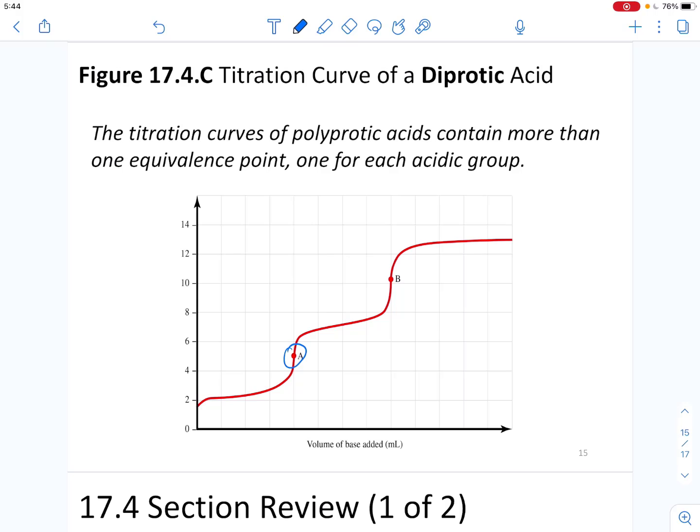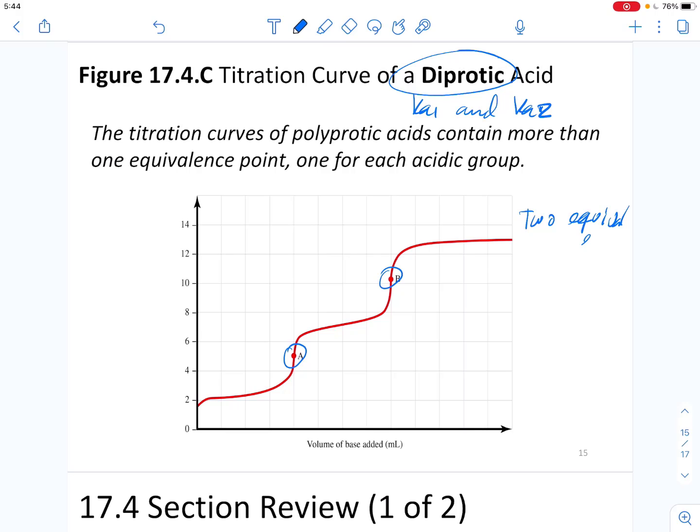You have two equivalence points, because you have a diprotic acid. So you have Ka1 and Ka2, and two inflection curves here.